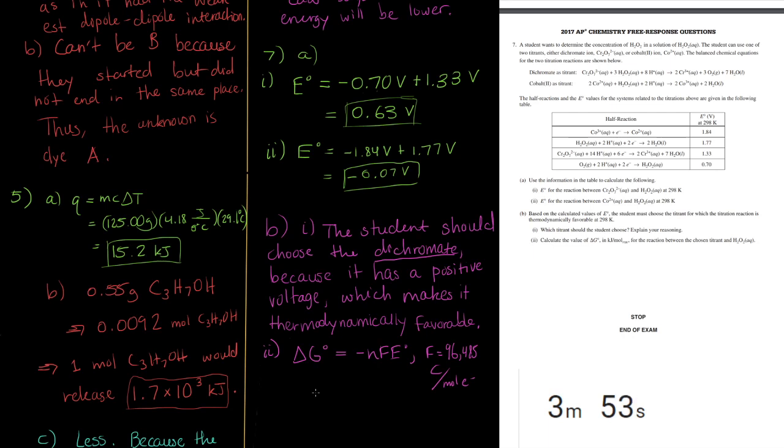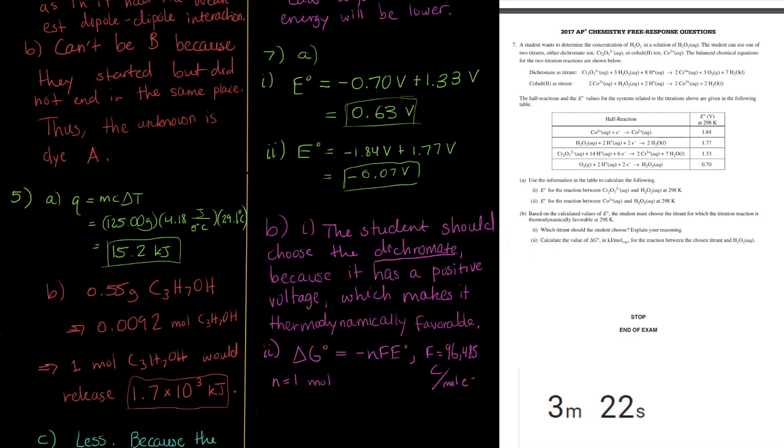Huh. How is voltage going to be comparing to kilojoules? Very confusing. Nonetheless, I think I'll just roll with N being 1, because that'll give us moles per mole of reaction.